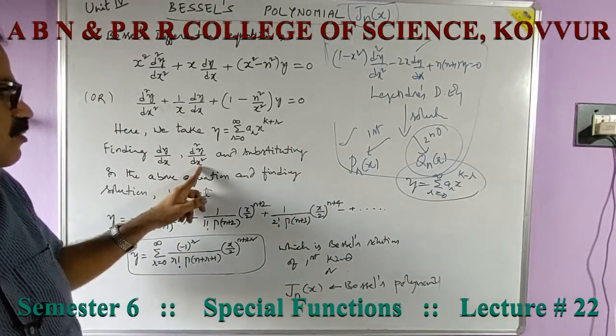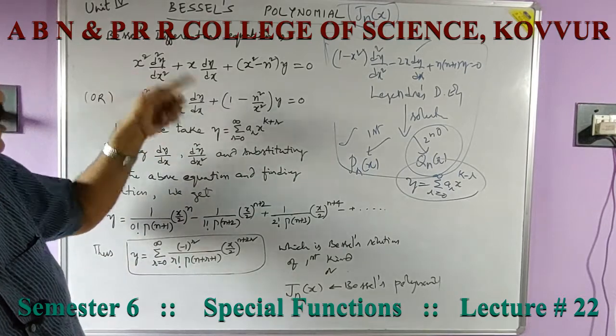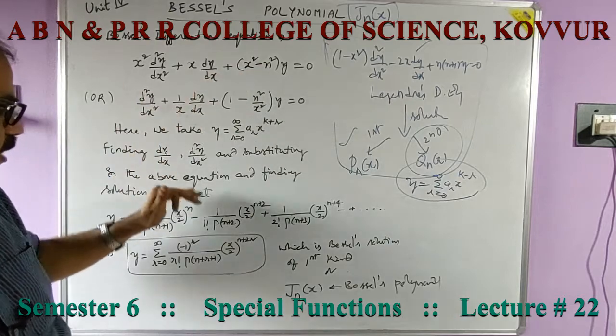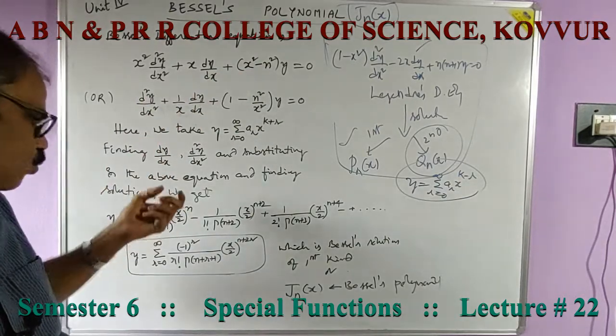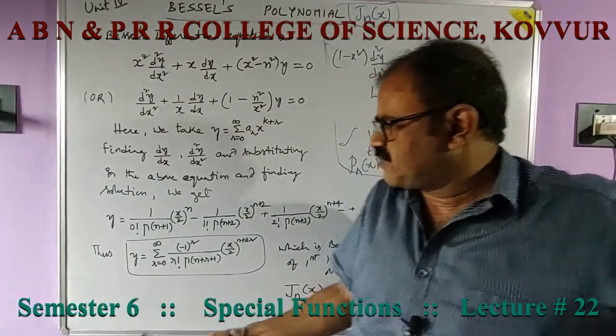Find dy by dx, d square y by dx square. Substitute dy by dx, d square y by dx square, and the value of y in the differential equation, and solving which we get a solution of this form.